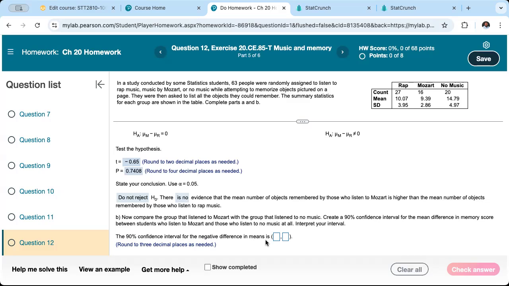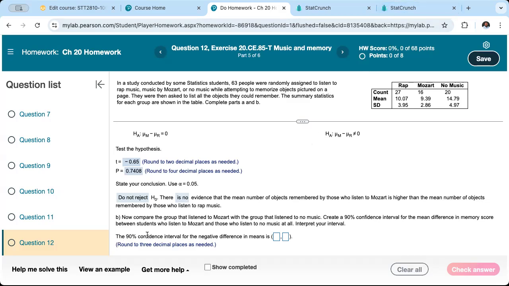For no music, n2 is 20, x bar 2 is 14.79, and s2 is 4.97. So let's try to do the confidence interval.